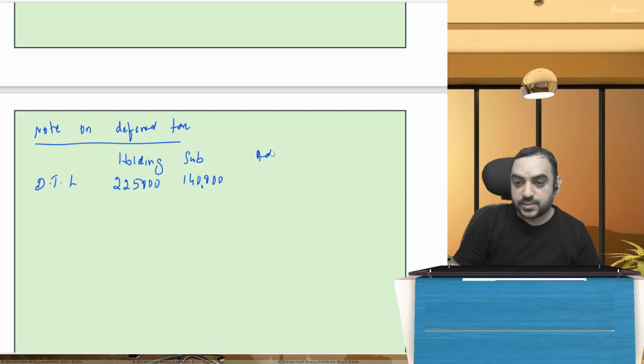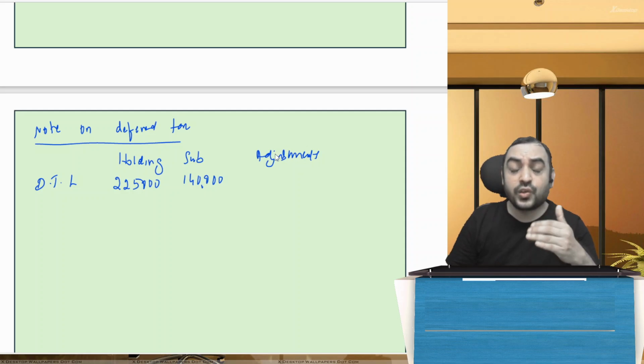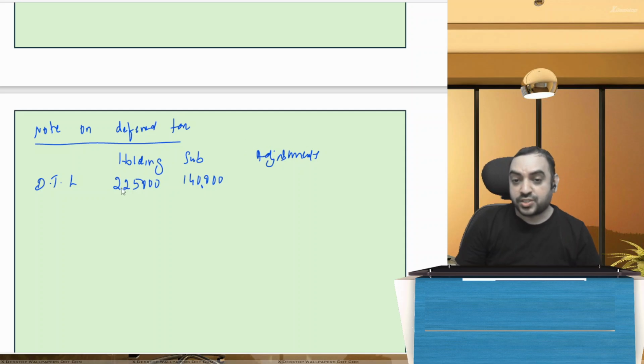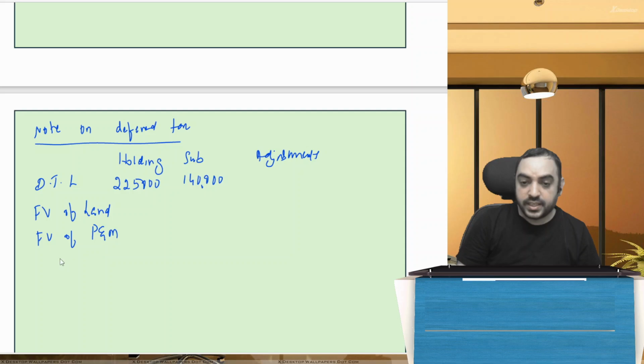Then adjustments. What adjustments? We have created deferred tax on fair value of land, fair value of building, and fair value of plant and machinery.